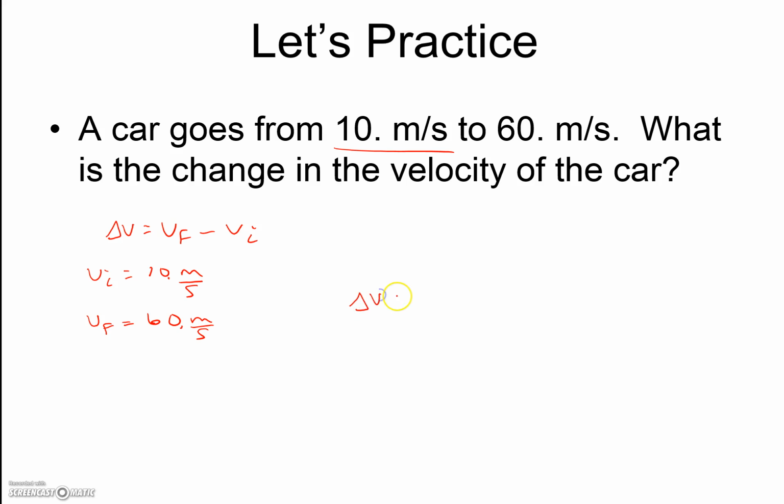So delta V equals 60 meters per second minus 10 meters per second. So our change in velocity is 50 meters per second. And since it's a positive number, it means that our car is accelerating.